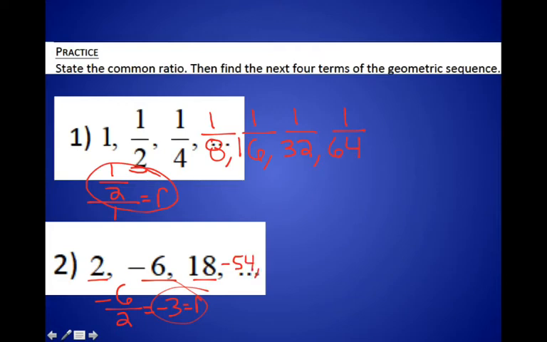We're going to multiply by -3 again. We're going to get 162. Multiply by -3 again. We're going to get -486. And multiply by -3 again, and we're going to get a positive 1,458.